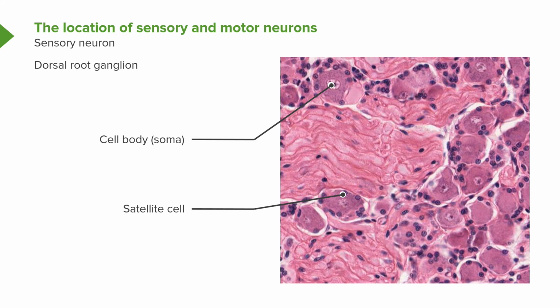So when you look at sections of the dorsal root ganglion or sensory ganglion, you often see satellite cells clustered nicely around each of these sensory neuron cell bodies because they can fit nicely around and support these ganglion cells. Later on, we'll see that the ganglia associated with the autonomic motor nerves don't have satellite cells wrapped all the way around them because of the dendritic trees that prevent that from happening. And the big blob of material in the middle of this section are the axons of these sensory neurons.